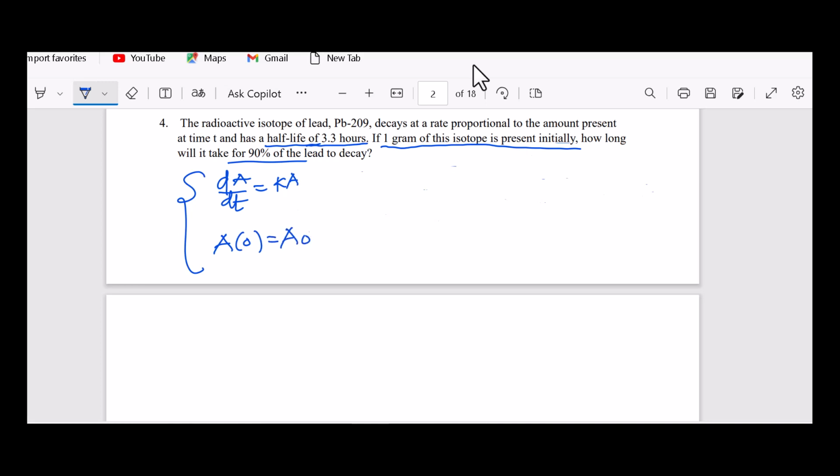Now if we solve this IVP, we will have A of t equals A naught e power kt. So this is the solution to this IVP.